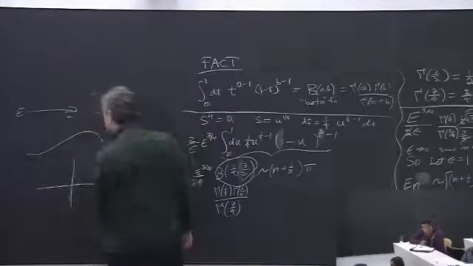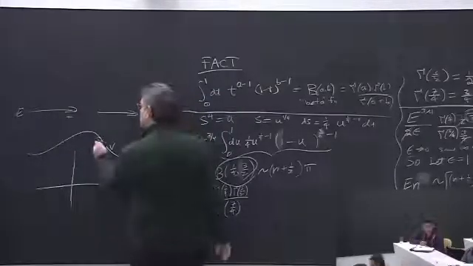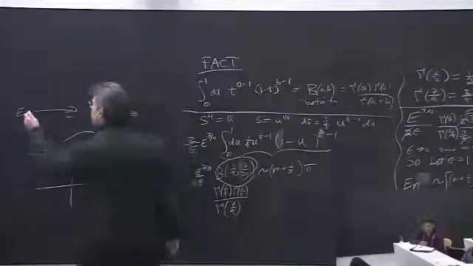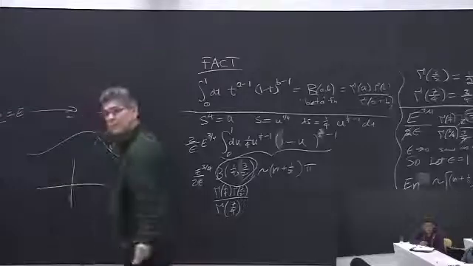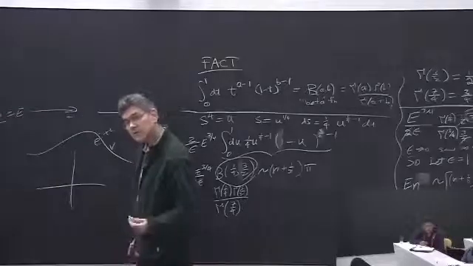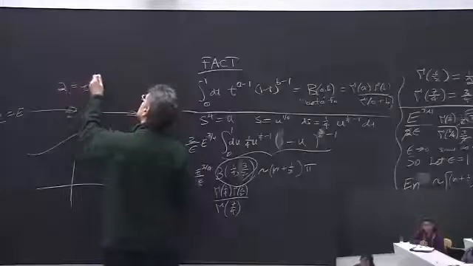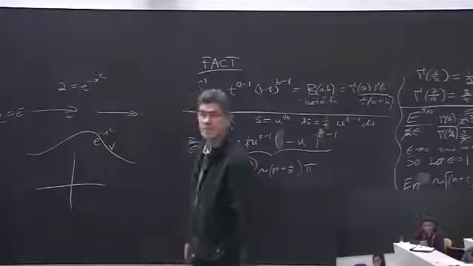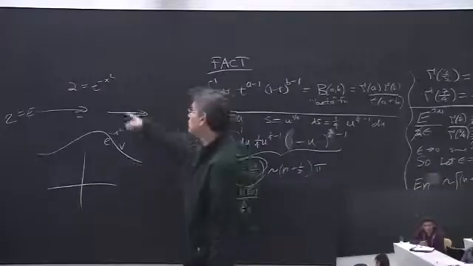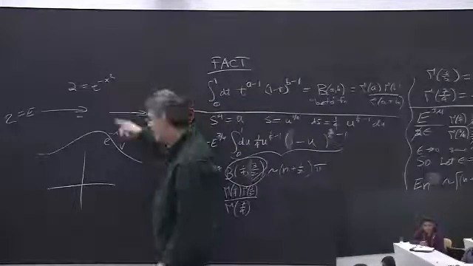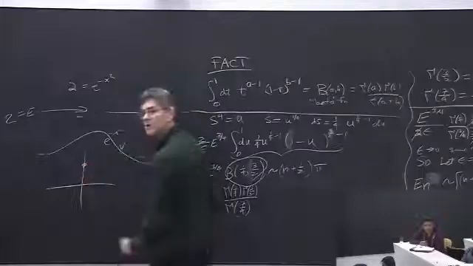And in the complex plane, if this potential is e to the minus, say, x squared, and the energy, say, is 2, then to find the turning point, you have to solve the equation 2 is equal to e to the minus x squared. And there's no real solution to this, but there's a complex solution. And it's on the imaginary axis up here.